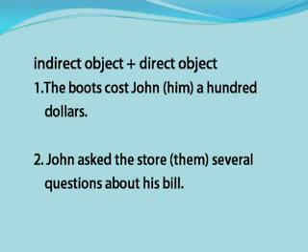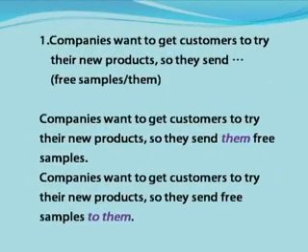This time, you need to complete these sentences using the words in parentheses. Whenever possible, write the sentence in 2 different ways. Let's do the exercises and check them as follows. Number 1, companies want to get customers to try their new products, so they sent free samples them.